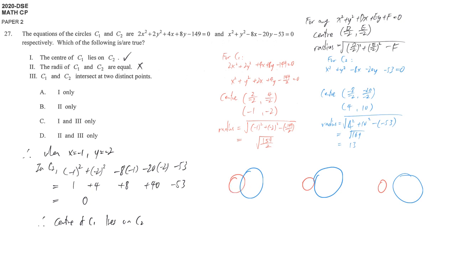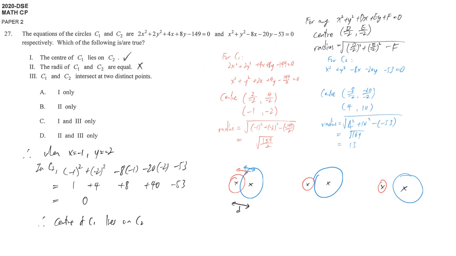So basically what we are concerned about is the distance between two centers. Are they close enough to make them intersect? I let the distance between two centers be D. So D is talking about this distance. And then we want to compare the radius of our C1 and also the radius of C2.